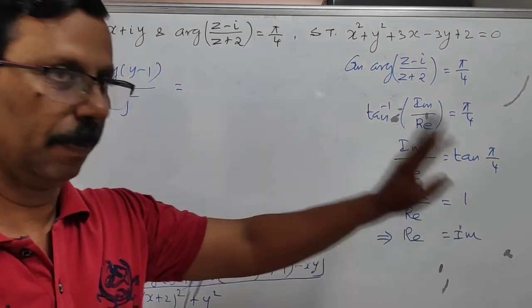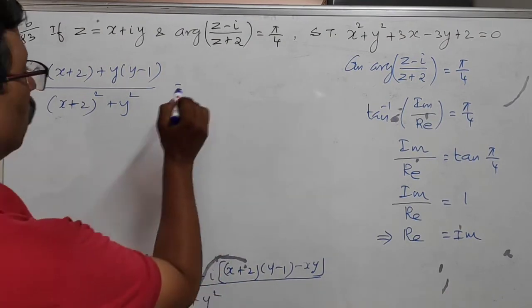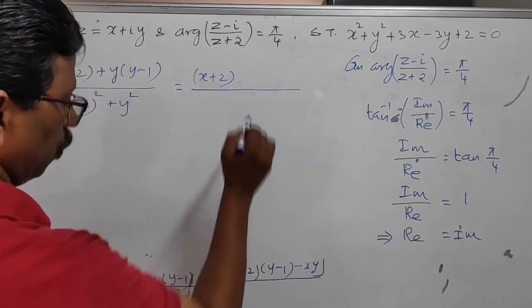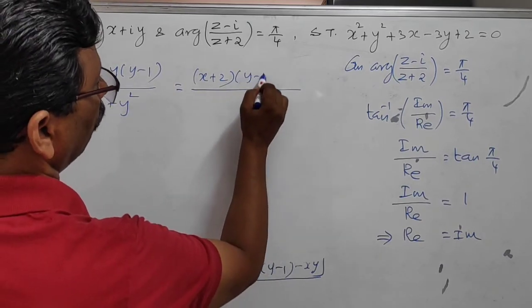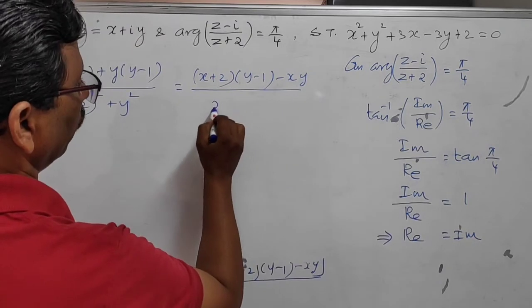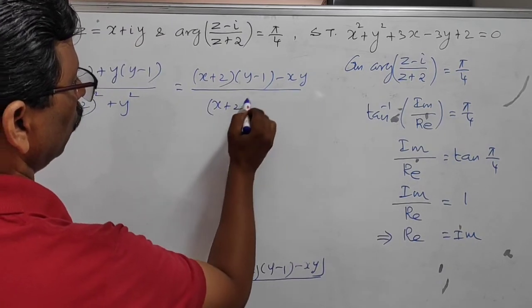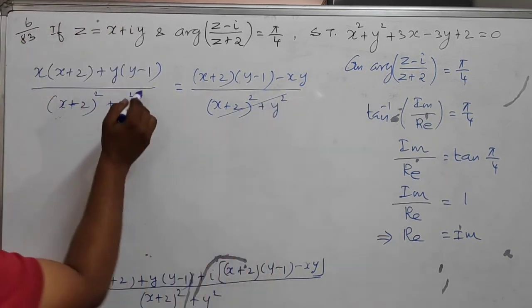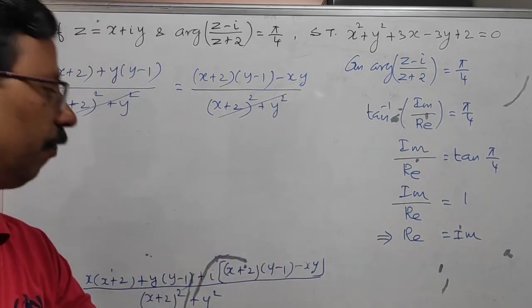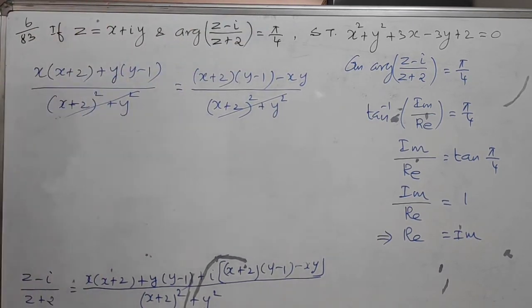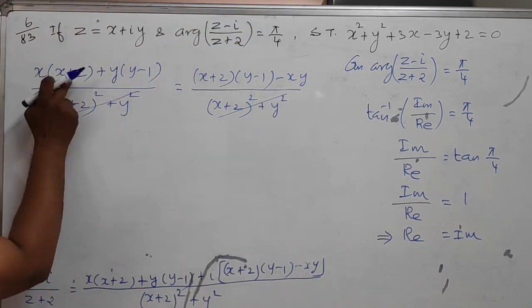This will be equal to the imaginary part, which is (x plus 2) into (y minus 1) minus xy by (x plus 2) whole squared plus y squared. Now these two denominators can be cancelled, or if you take this to the right hand side, they get cancelled. Now just remove these brackets.